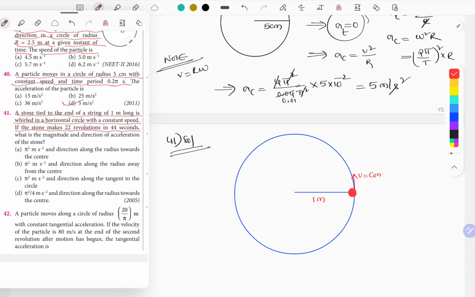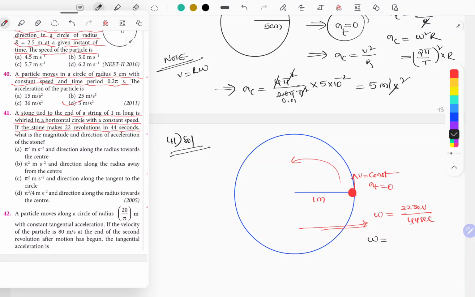If it is constant speed, what about tangential acceleration? Tangential acceleration is equal to 0. If the stone makes 22 revolutions in 44 seconds, it means they have given angular velocity. The stone is moving in a circular motion. They have given angular velocity, which is 22 revolutions in 44 seconds. This is the way you have to represent angular velocity.